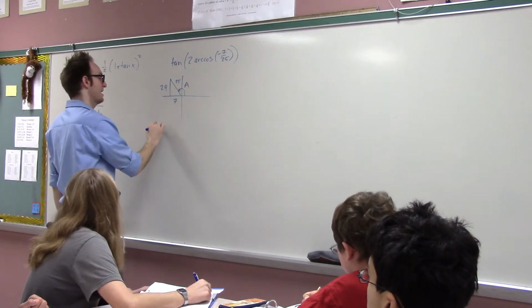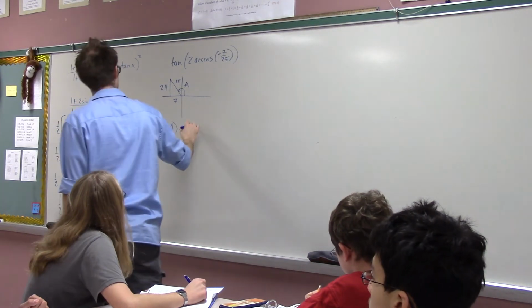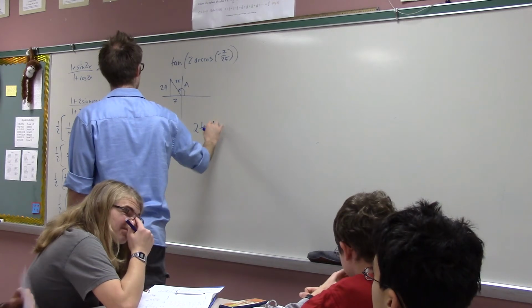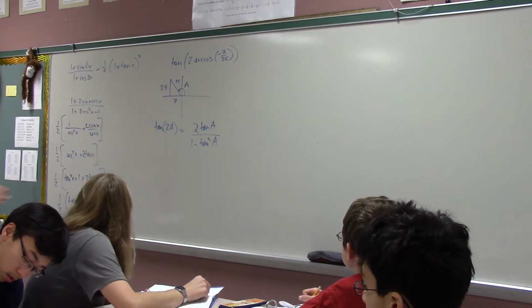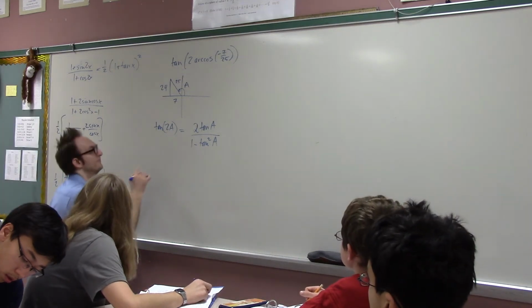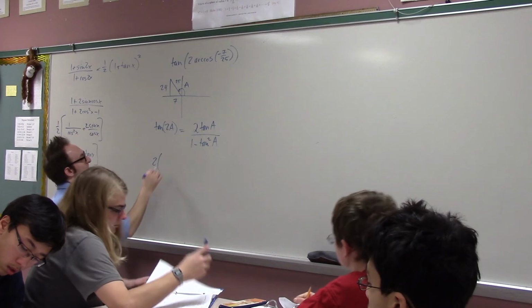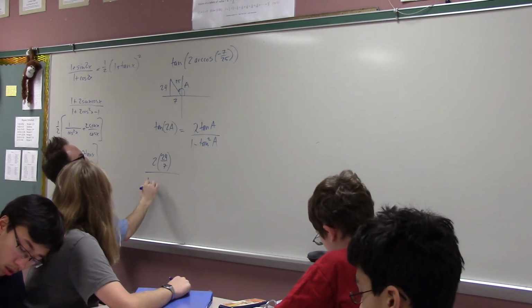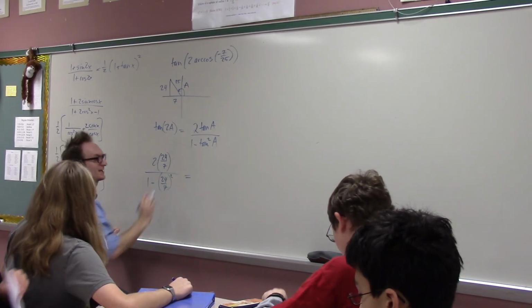I call this A, and so what I'm looking for is tan 2A. What is tan 2A? Well, there's a formula for that. It's 2 tan A over 1 minus tan squared A. And now I just crank it out, right? 2 tan A is 24/7, and over 1 minus (24/7) squared, and then you just get the answer.